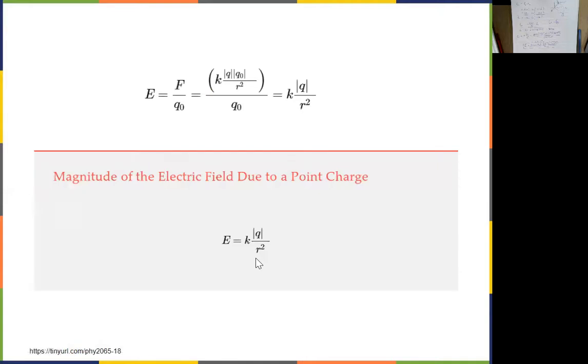The magnitude of the electric field due to a point charge is equal to K times absolute value of Q over R squared. We are taking the absolute value because a magnitude should be a positive number. The direction, if it's one dimensional, could be positive or negative. If it's two or three dimensional, then you can specify the direction with a direction vector, or maybe directional angles.